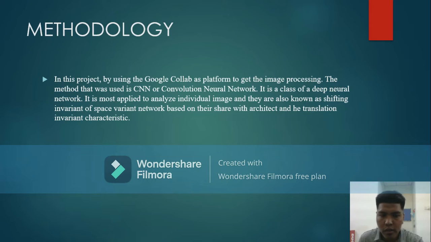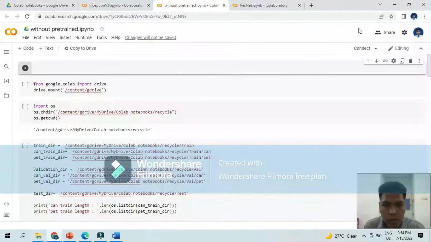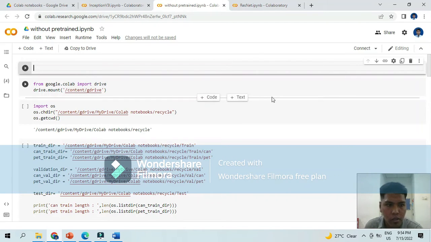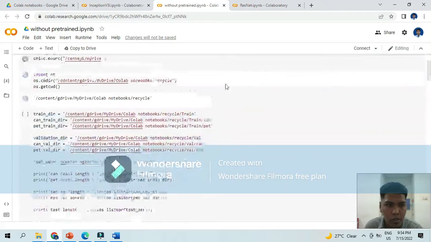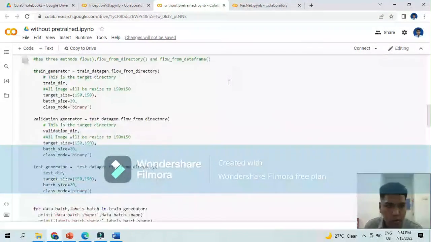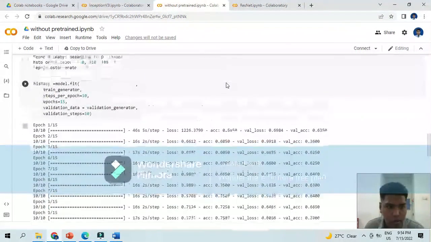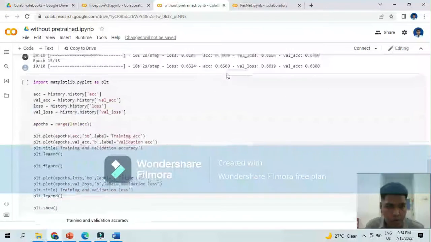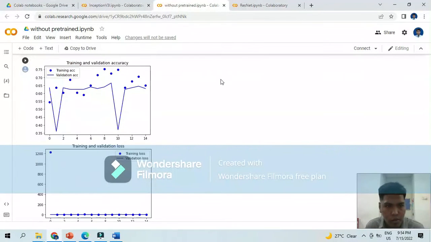Okay, for task 1, without pre-trainer. This is the coding for this project. Now you can see the epochs. So this is the result.